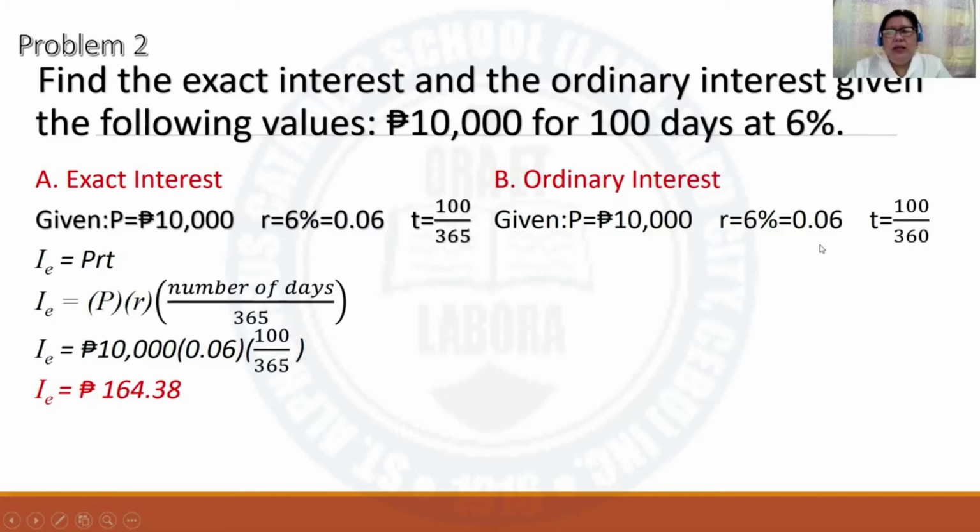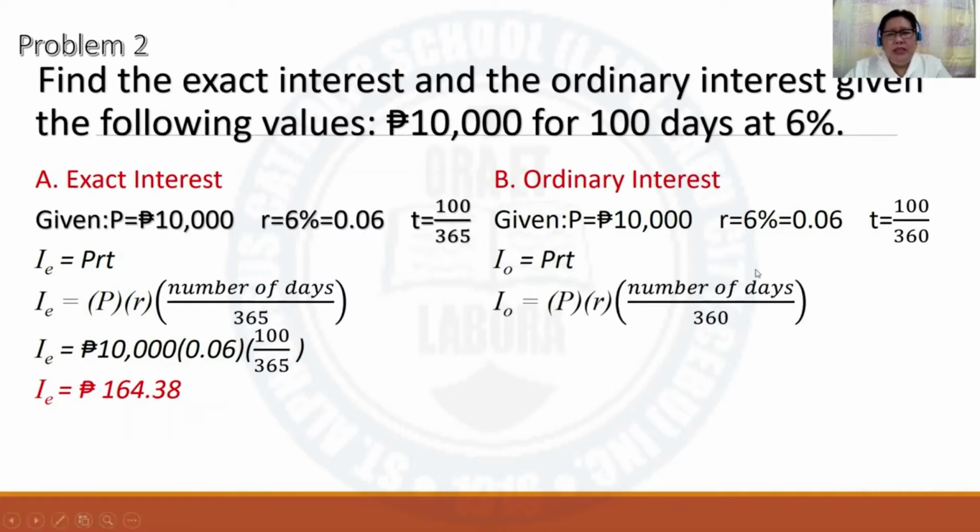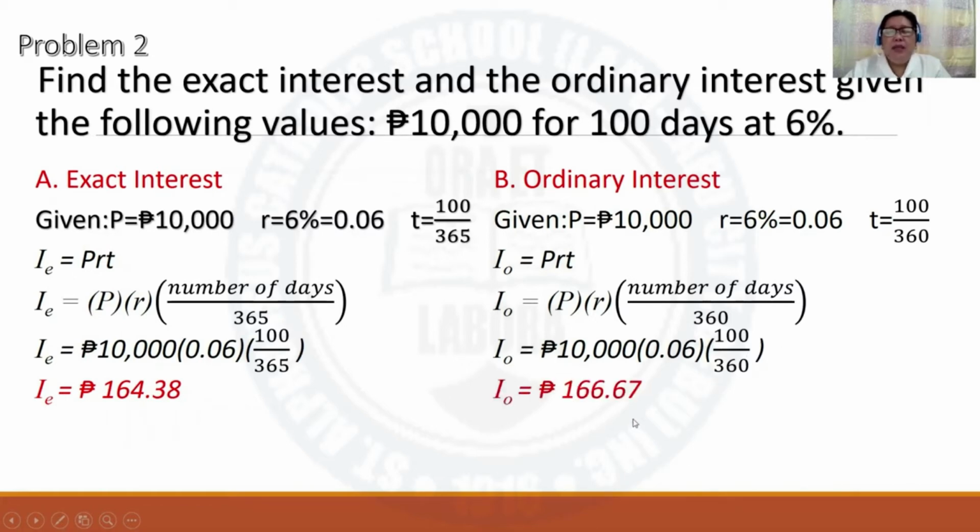For the ordinary interest, given still 10,000, the rate is the same, 6% or equivalent to 0.06, and T is 100 over 360. Based from the basic formula, then we convert T into number of days over 360 because we're using the ordinary. So that is 10,000 for P, 0.06 for R, and 100 over 360 for T. And multiply the three, then we will have 166.67 pesos.